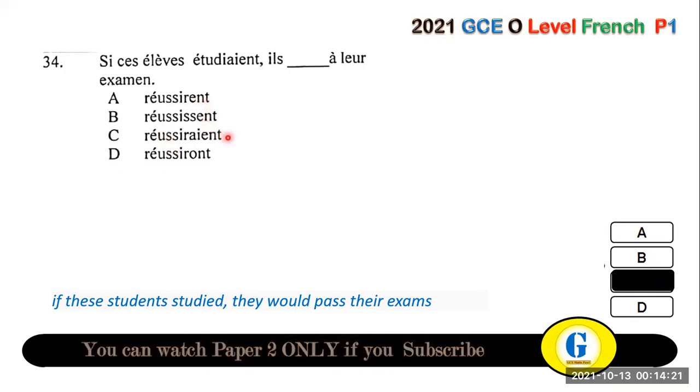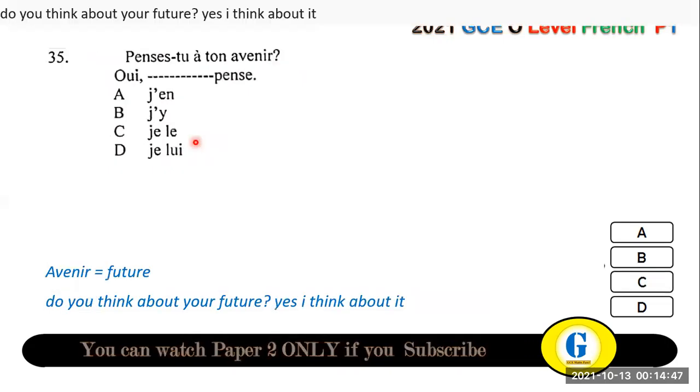And so we have this one, l'imparfait here. So we have it with AIENT because the students are plural, and this étudier is in the l'imparfait, AIENT. So we can match it with this one, right? Okay.